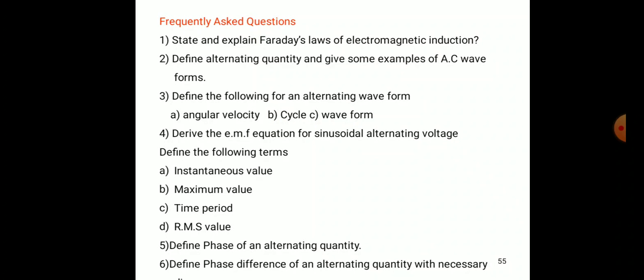Define the following for an alternating waveform: angular velocity, cycle, waveform. Derive the E.M.F equation for sinusoidal alternating voltage. And also other terms you can say: instantaneous value, maximum value, time period, RMS value. Define phase of an alternating quantity. Define phase difference of an alternating quantity with necessary diagrams.